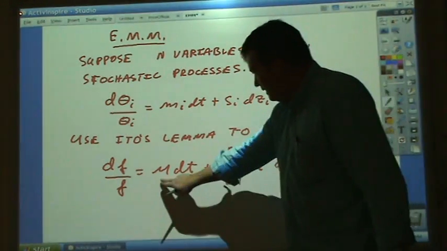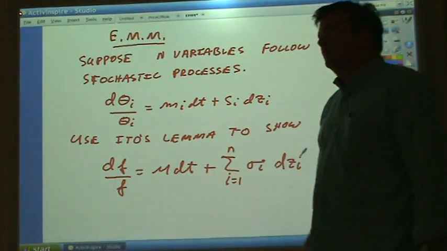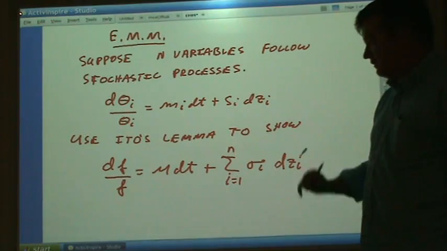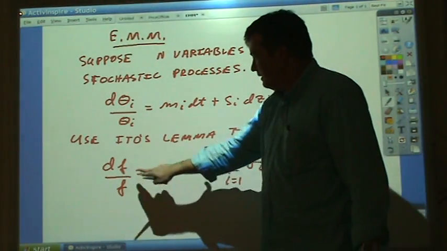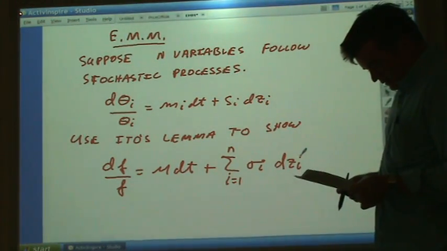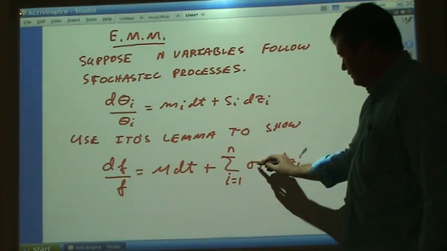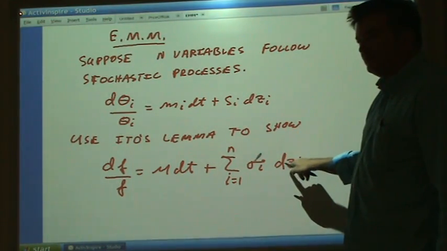Okay, so this ends up being the expected value of this investment, the expected return, not necessarily R, of that investment. Those would collapse into the same one because it's all for one investment. But this would be all the different sigmas and all the different Wiener processes multiplied together.